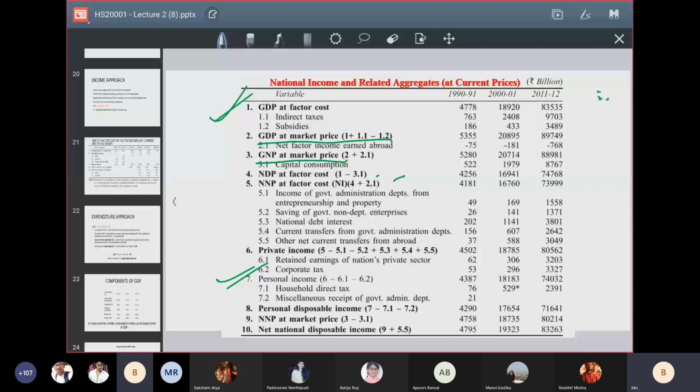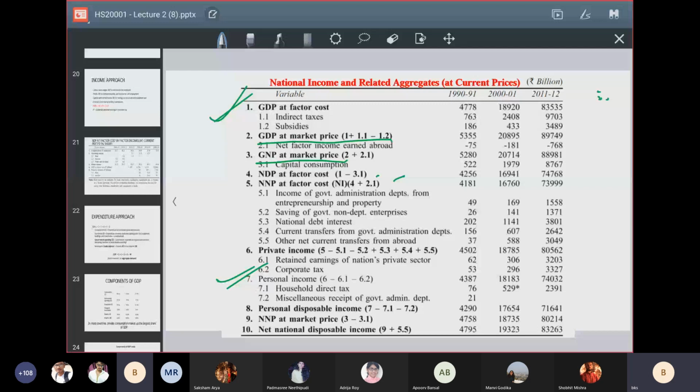Further, we had discussed different approaches to GDP, like your value added approach and income approach, as well as your expenditure approach. We have discussed them already.